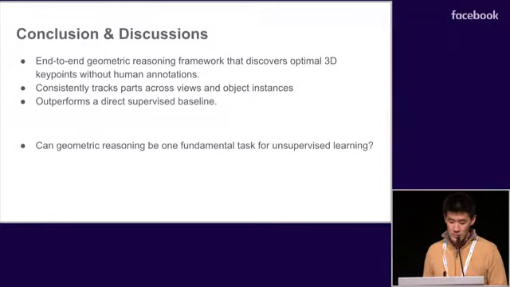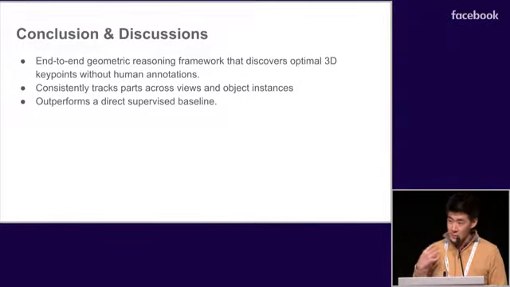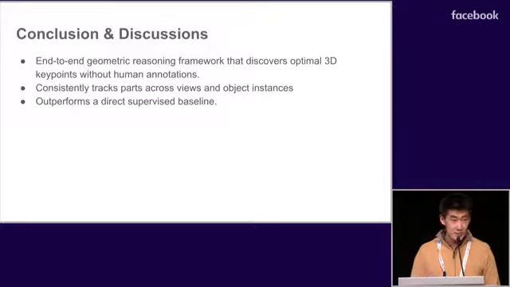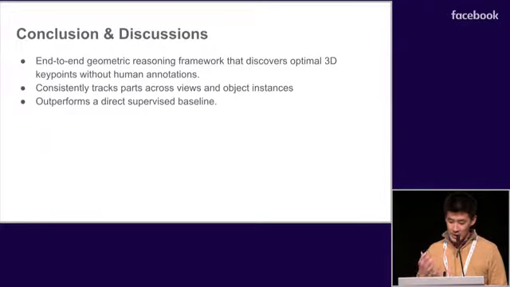And a few takeaway messages are that if you have a geometric reasoning task and you can differentiate through it and train it end-to-end, it can be quite effective and provides a pretty large performance gain. But if you can't differentiate through your task, or if your goal is to do unsupervised learning, you could still consider geometric reasoning as an auxiliary task.